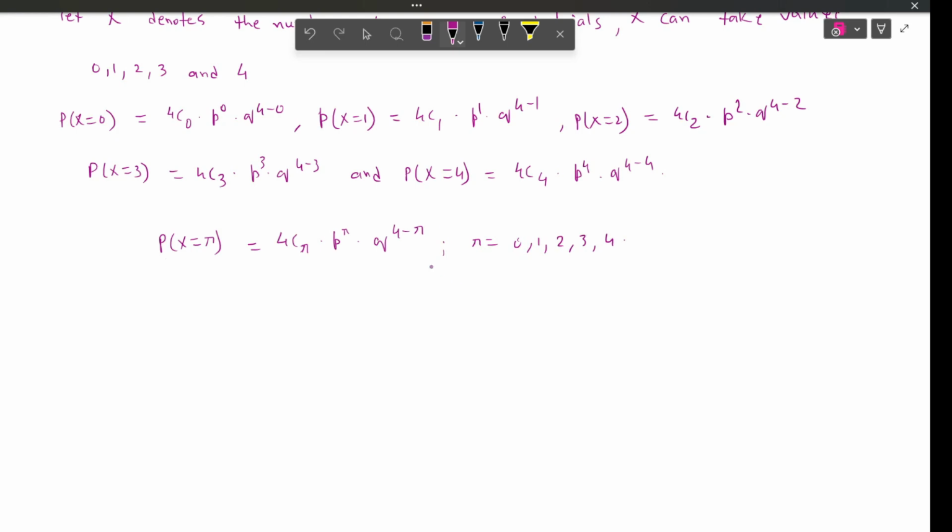Okay, so this result can be generalized to the case where the experiment is repeated n times, sorry, under identical conditions.